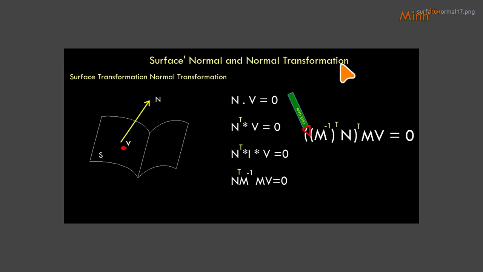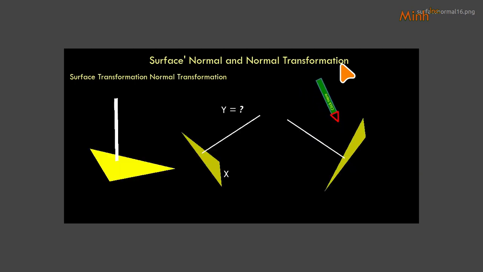What we are trying to prove is that the vertex V is transformed by M, and the normal gets transformed by the inverse of M and then the transpose. So first we do the inverse, then we do the transpose. So Y is what? If it is X, then Y is X inverse and transpose.